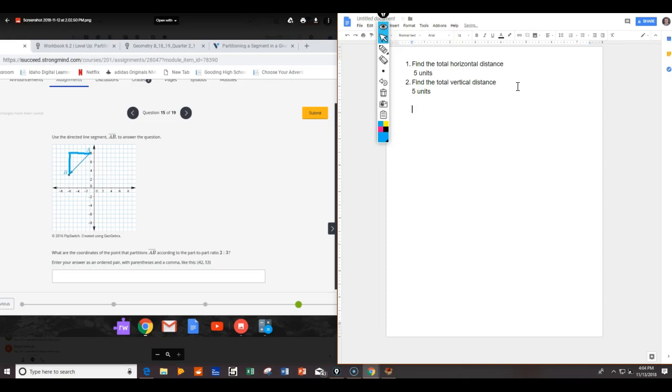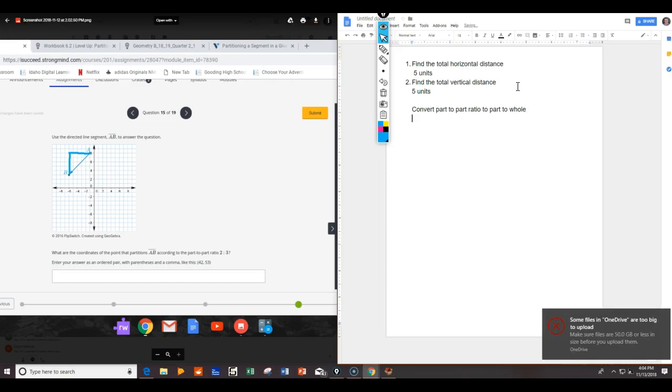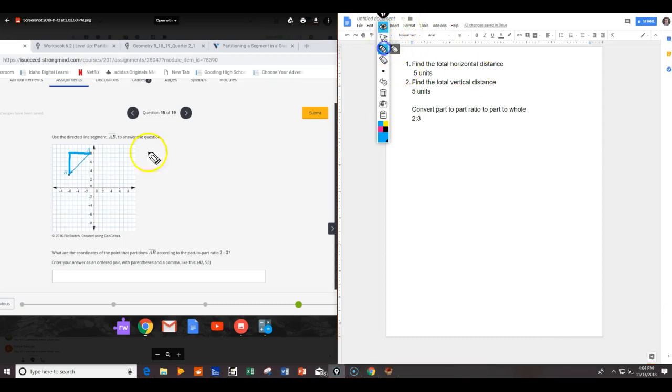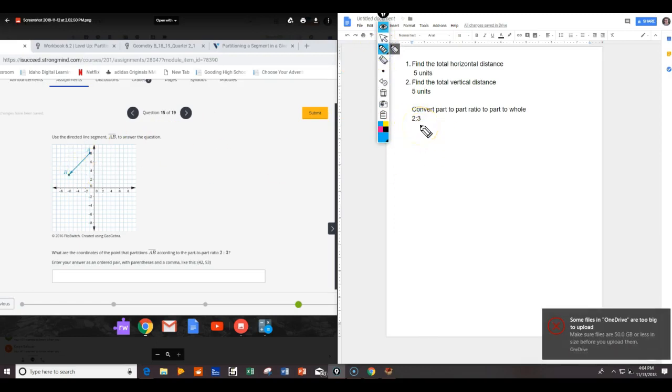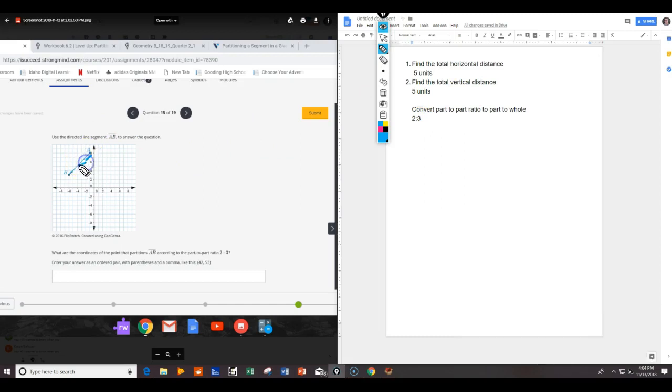So now the next thing is to convert the part-to-part ratio to part to whole. How do we do that? Well, we have 2 to 3 part to part. That means that when we section this segment off, they want 2 parts up here at the point and then 3 parts below that point.